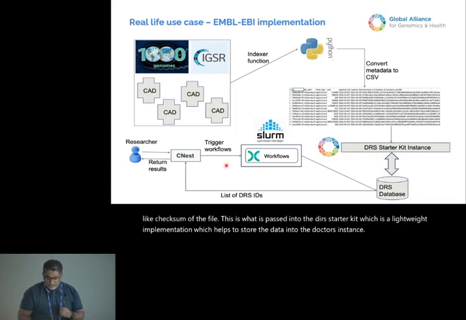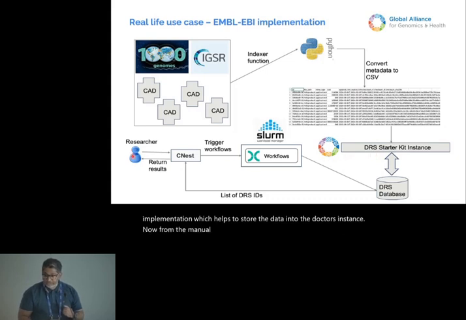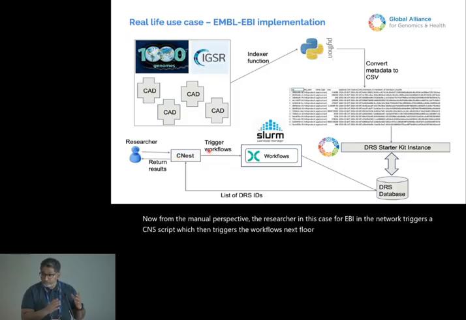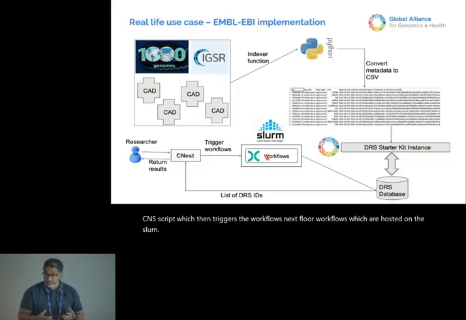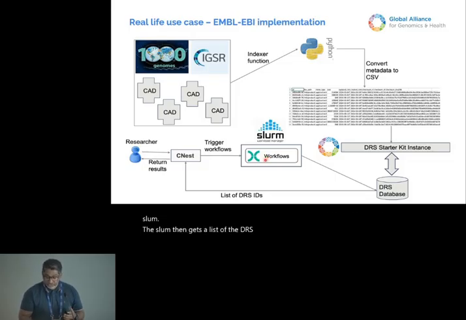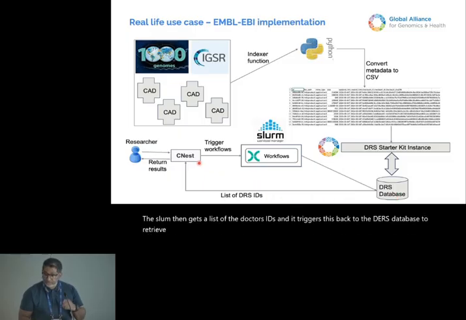Now, from the manual perspective, the researcher, in this case at EBI in the network, triggers a script, which then triggers the Nextflow workflows, which are hosted on Slurm. The Slurm then gets a list of the DRS IDs, and it triggers a call back to the DRS database to retrieve the file paths, returns them, and after computation analysis, sends the results back to the researcher.